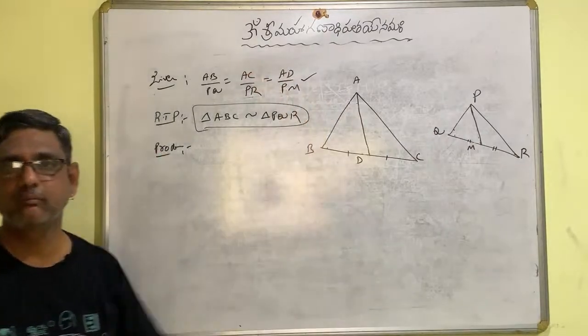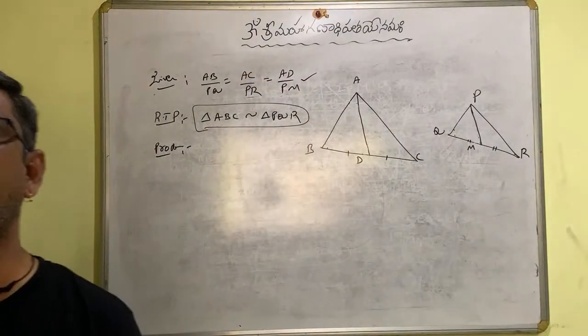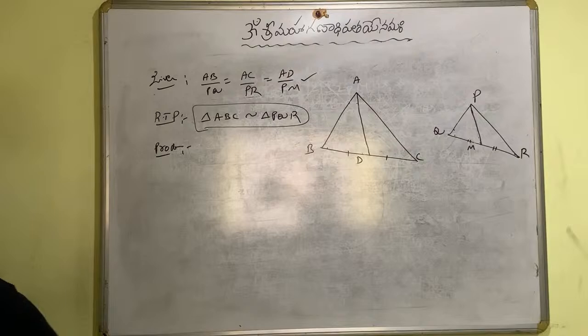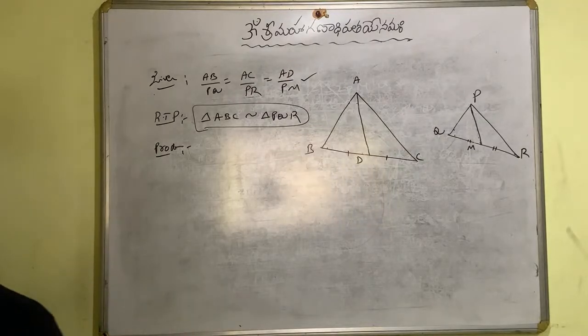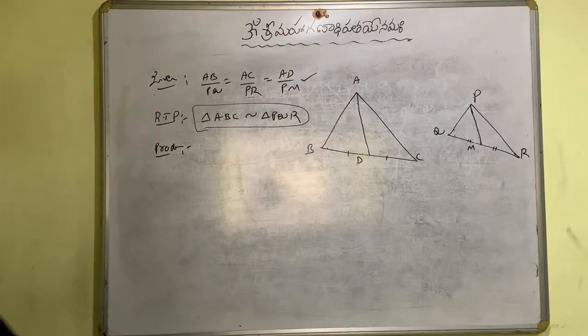This is given. Instead of BC by QR, it was given AC by PR. Understood, children? And we need to prove triangle ABC similar to triangle PQR. This was the model.